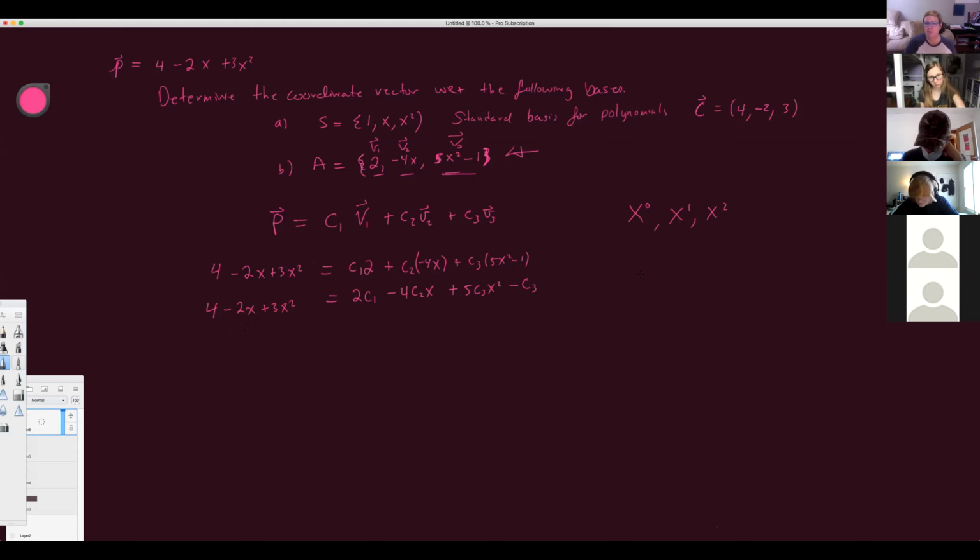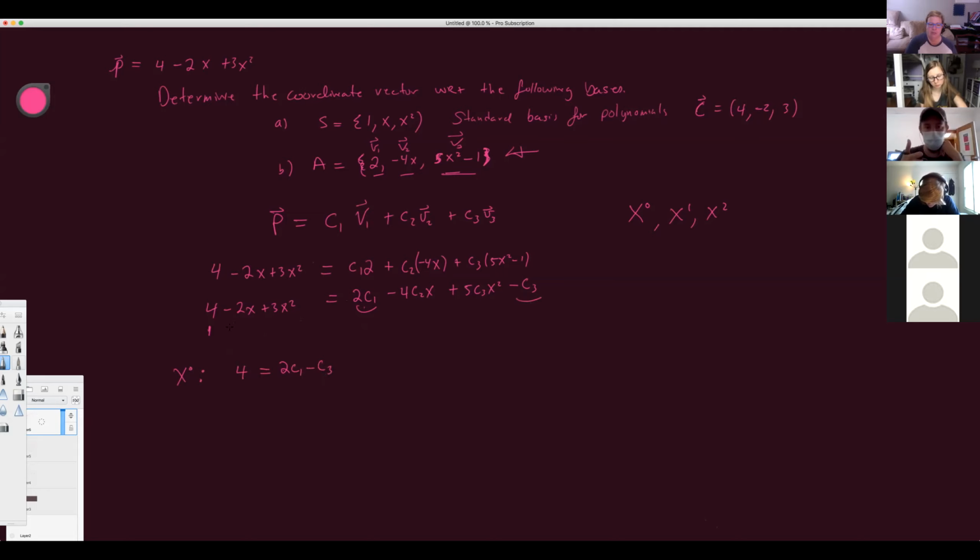Each of those is independent, so we can take this apart. The coefficients of x to the 0 are 4 on this side, and on this side, 2c1 minus c3, yeah?